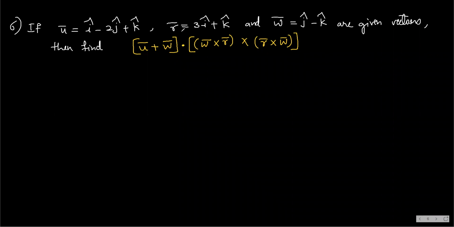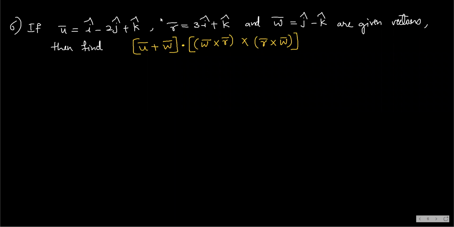So here we have one more question. See, question number 6. It says if U bar is I cap minus 2J cap plus K cap, R bar is 3I cap plus K cap, and W bar is J cap minus K cap are given vectors, then find the scalar triple product. This is a scalar triple product. How do I know?